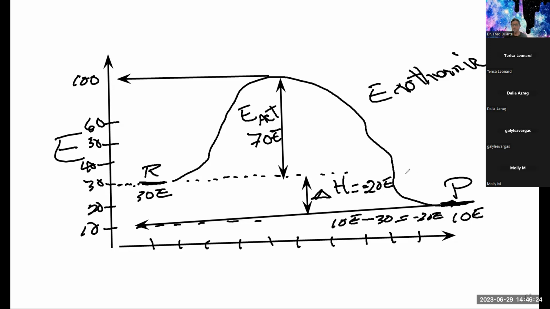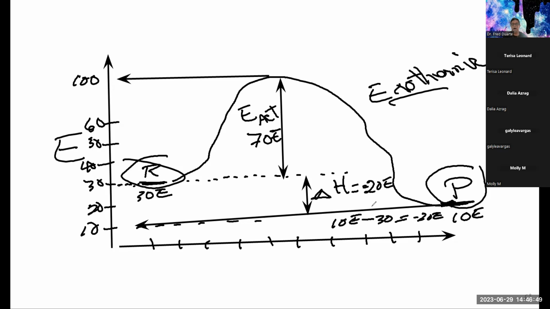But another way to look at this reaction, just looking at it, is that the products ended up at a lower energy value than the reactants. Therefore, I have an exothermic reaction because I'm going to have a negative value.